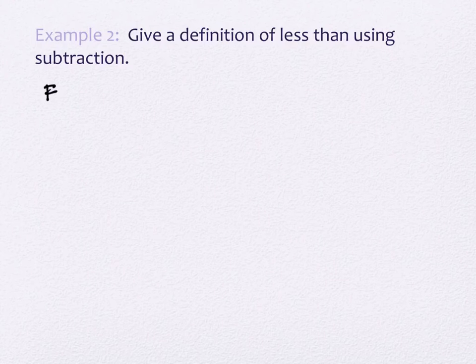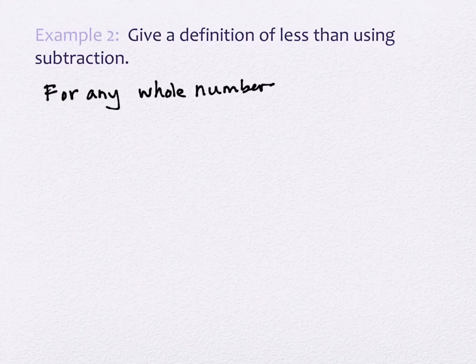So we're going to write down the same thing we had before. For any whole numbers a and b, a is less than b.